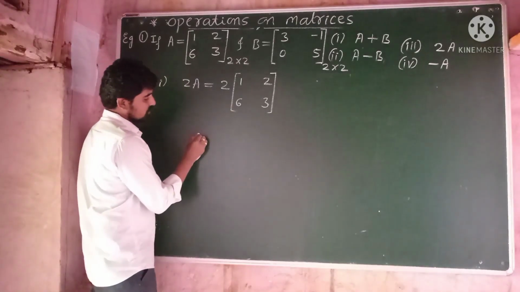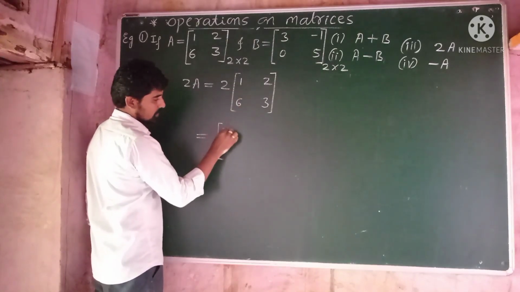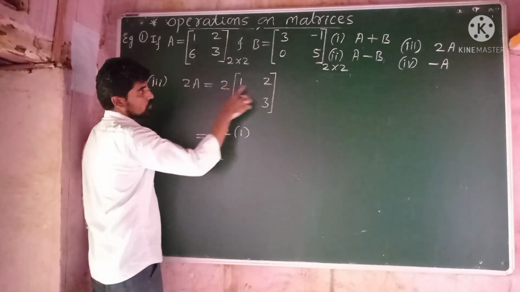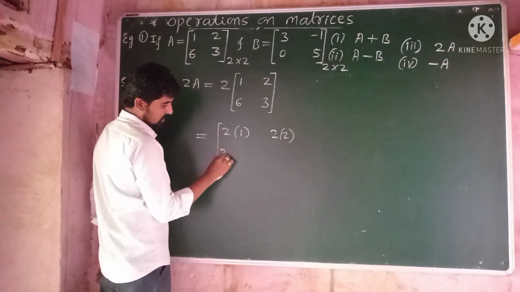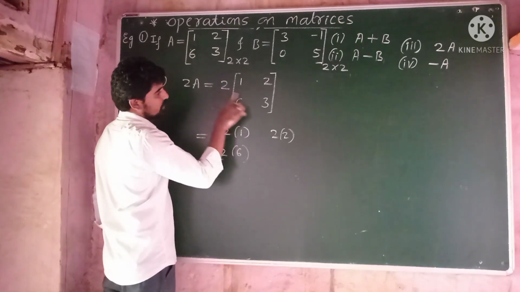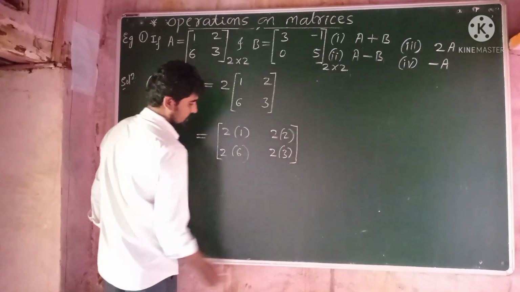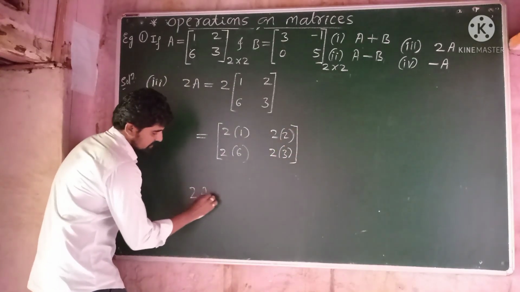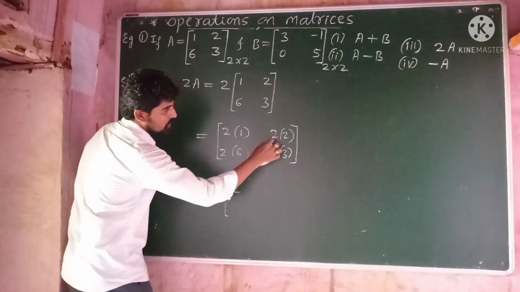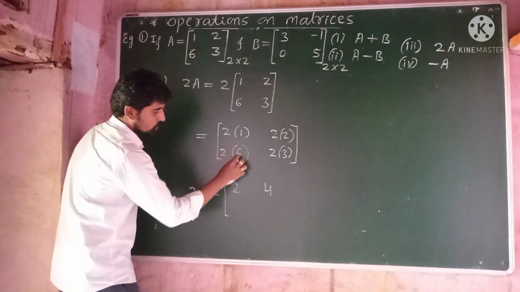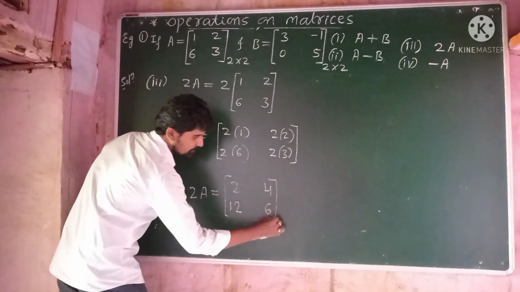It means the matrix 2A is obtained by 2 into 1, 2 into 2, 2 into 6 and 2 into 3. Therefore, matrix 2A is equal to 2 into 1, 2, 2 into 2, 4, 2 into 6, 12 and 2 into 3, 6.